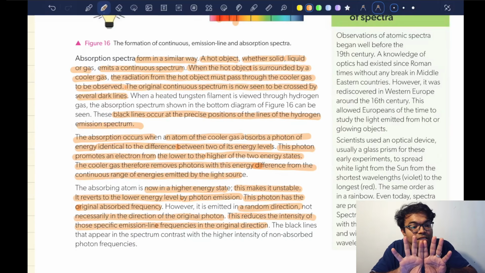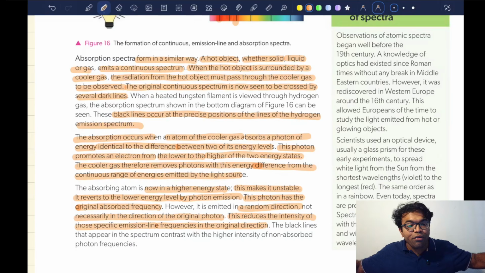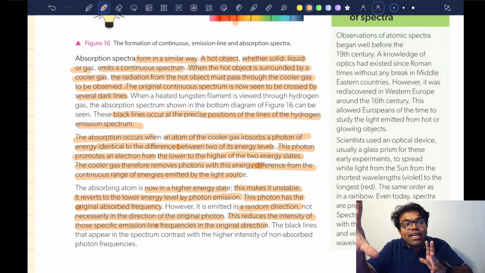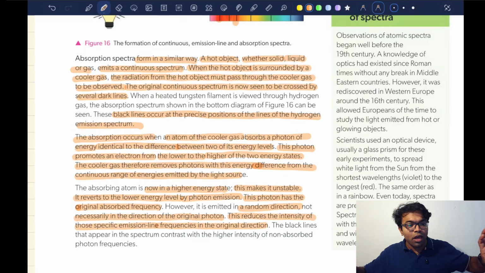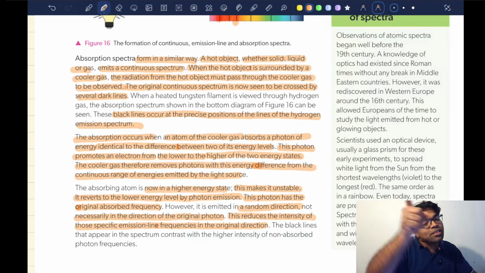Now imagine this, that there are 10 different clones of you in front of you, and there are 100 such balls coming like this. So you have 10 clones. There are 10 Akshays in front of you. Since all of them are identical, you are going to catch the third, the fourth, and the seventh ball only.